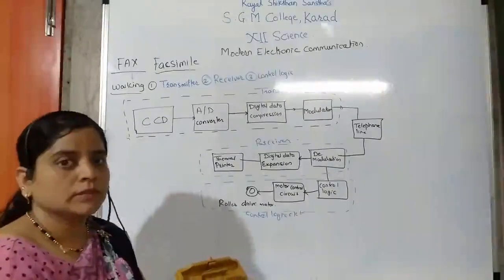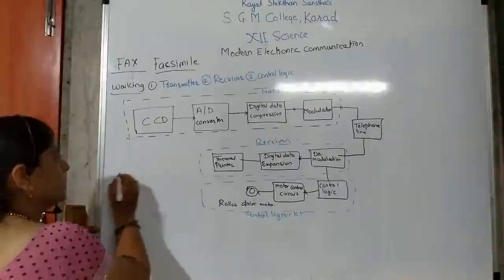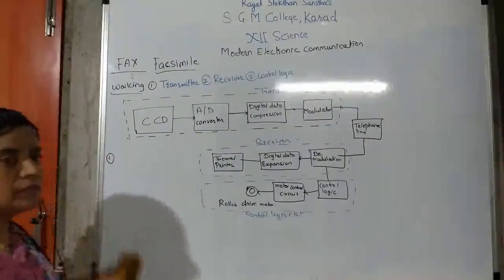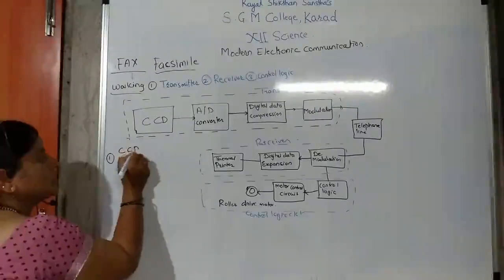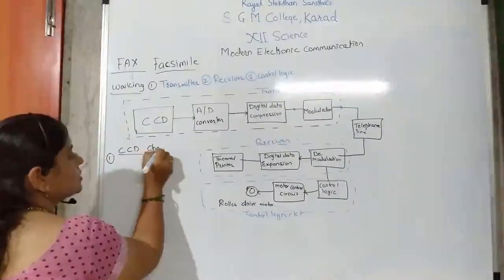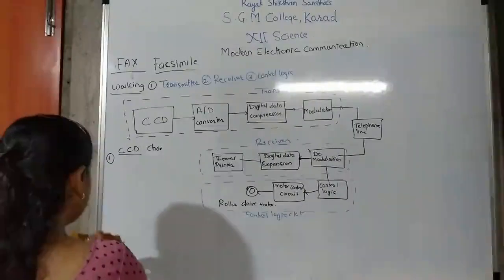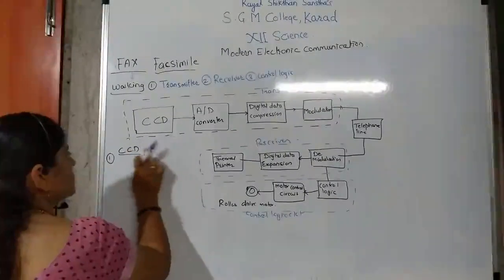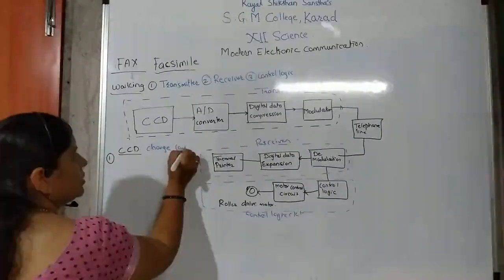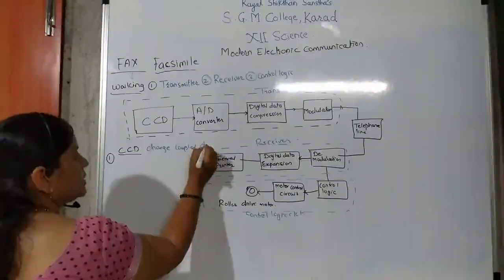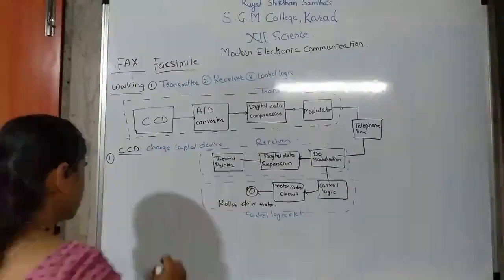What happens first in CCD working for the transmitter? CCD is the charge coupled device. What happens in a charge coupled device?